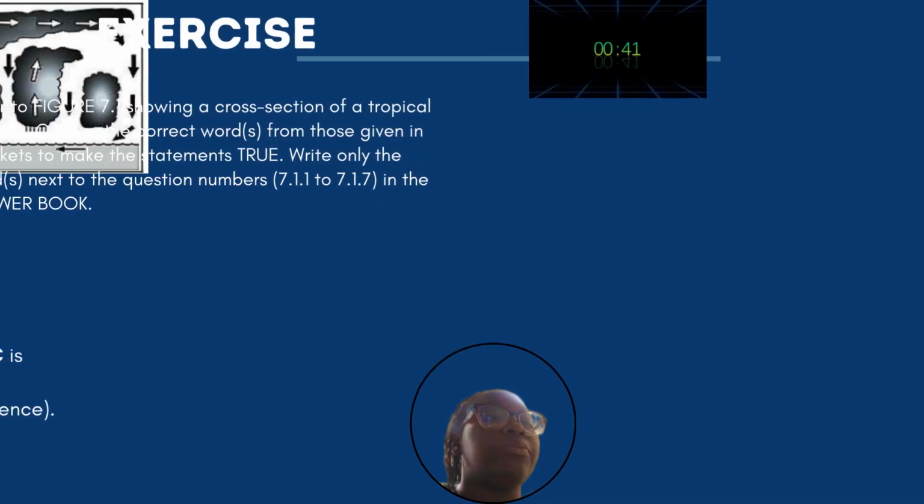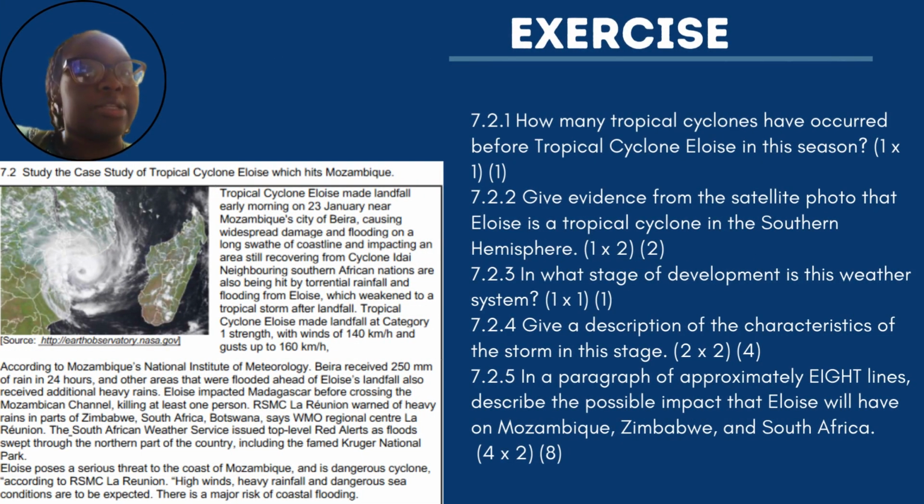All right. Okay, so this one we'll do together because it's slightly longer. It says study the case study of Tropical Cyclone Eloise, which hit Mozambique. If you want to do it alone, please pause the video and attempt it as well. Tropical Cyclone Eloise made landfall early morning on 23rd January near the Mozambican city of Beira, causing widespread damage and flooding on a long swathe of coastline and impacting an area still recovering from Cyclone Ida.